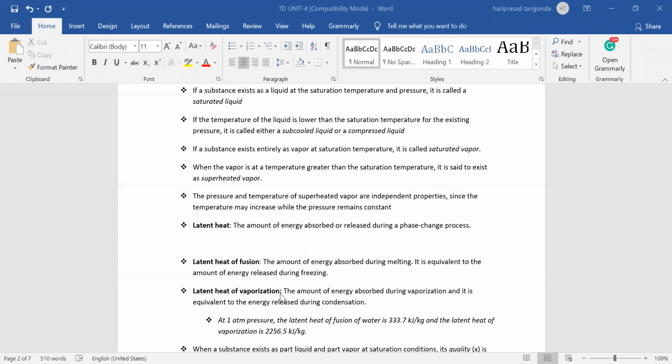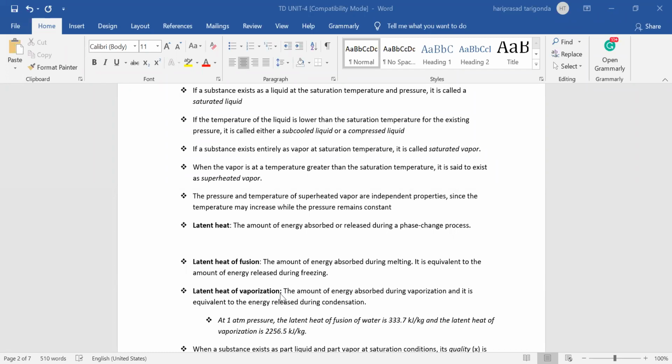So the amount of energy supplied to the water, or absorbed by the water, so that it is forming vapor is called latent heat of vaporization. In other words, if condensation is happening, the vapor will be condensed into liquid. So the amount of heat removed from the vapor at 100 degrees centigrade is called latent heat of vaporization.